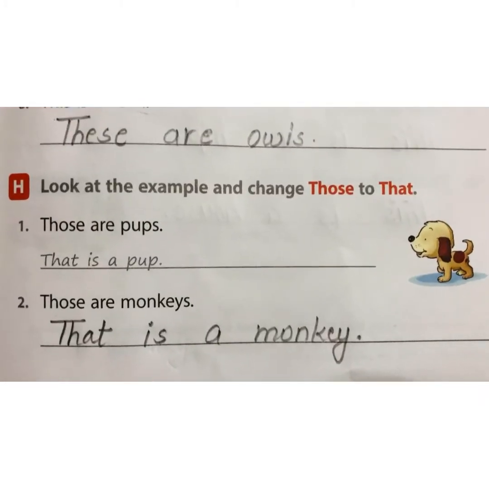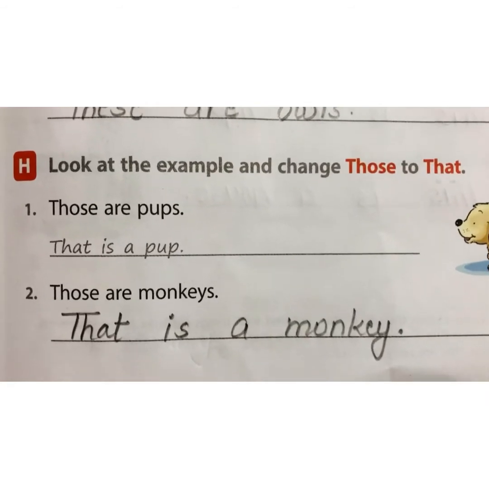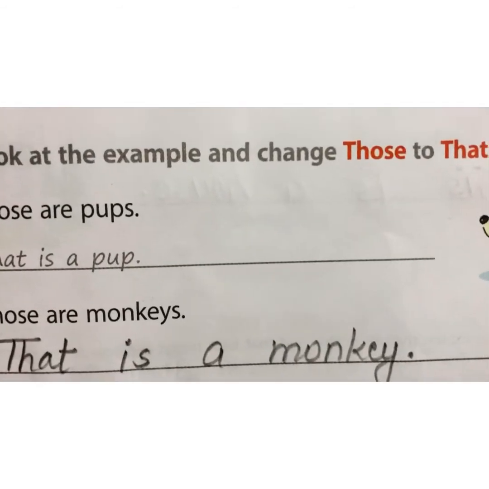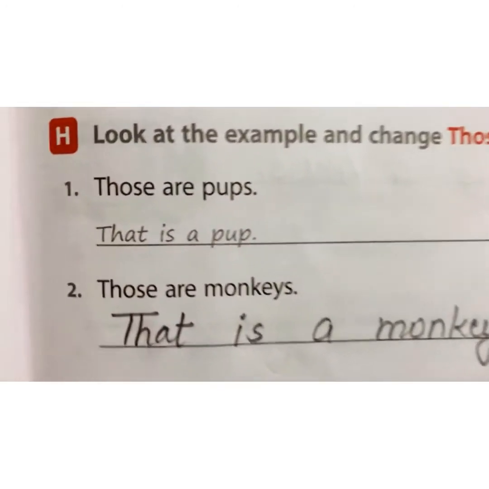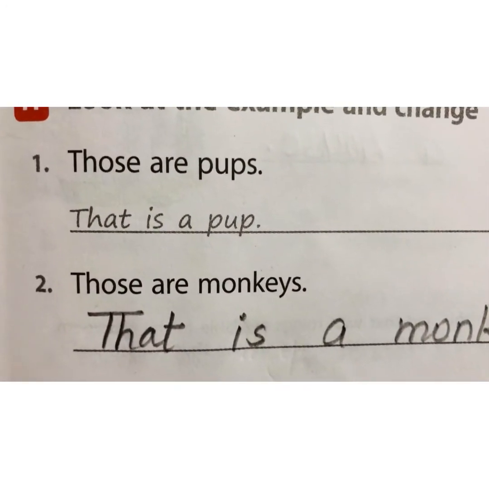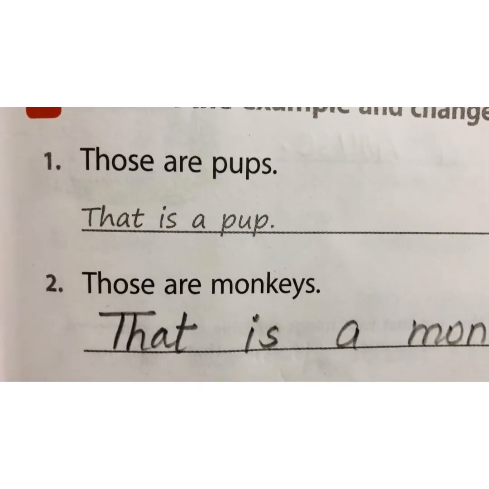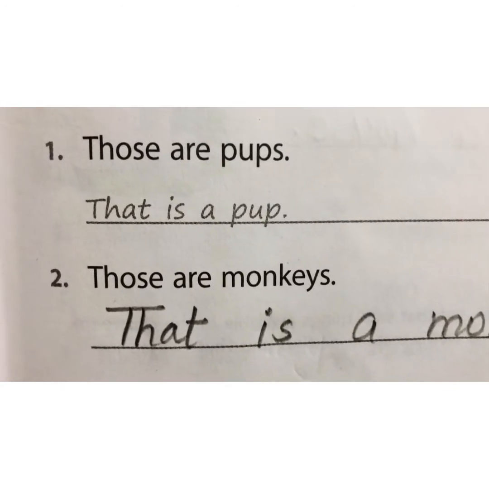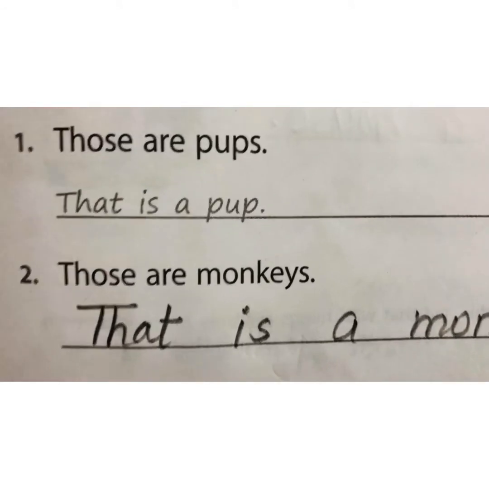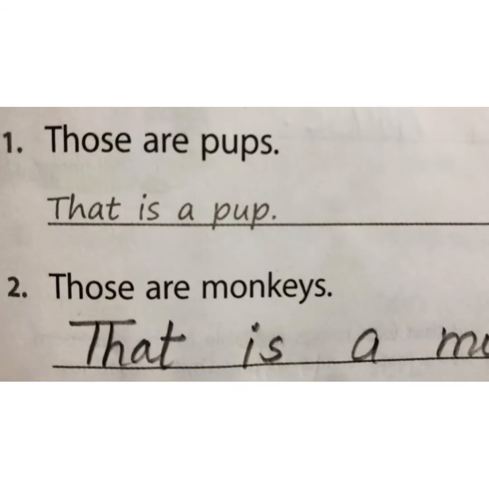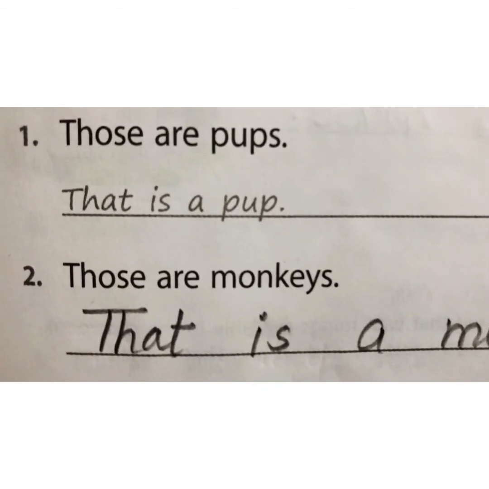H. Look at the example and change those to that. We have to change those to that. Those will be converted to that. In place of are, we will write is a. Here, the plural nouns will be changed into singular nouns.